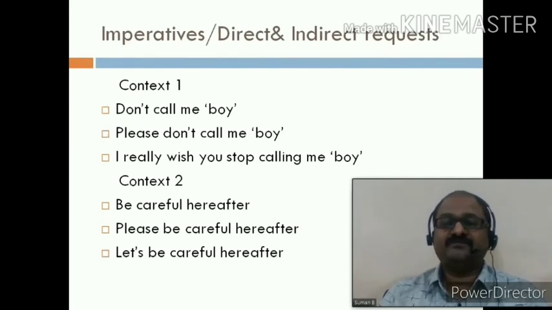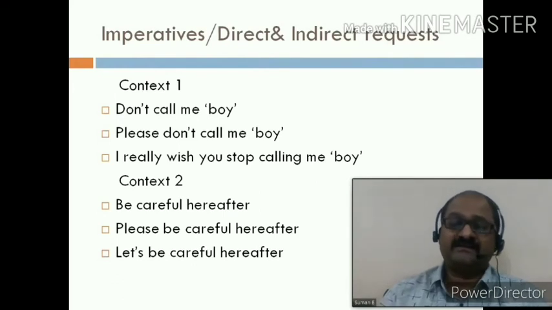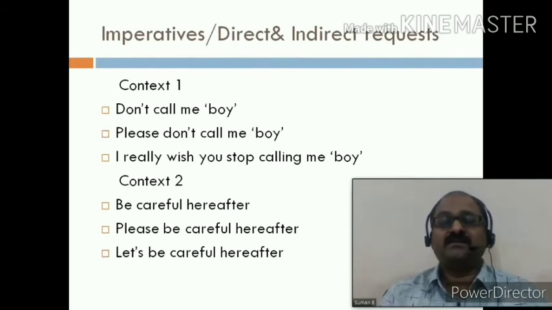So instead of using an imperative, he can be a little more polite and make it into a request by saying, please don't call me boy, by adding please and also making his tone pleasing. But if you want to sound even more respectful and polite, you could use an indirect request: I really wish you would stop calling me boy.